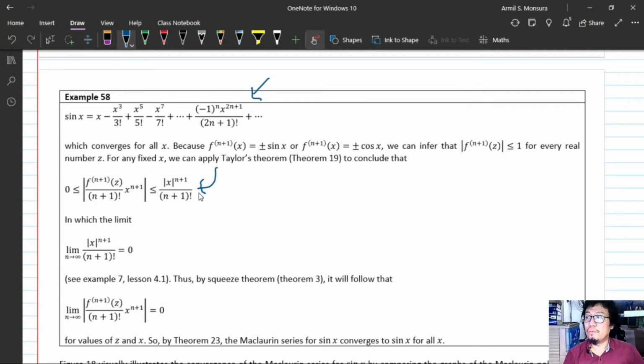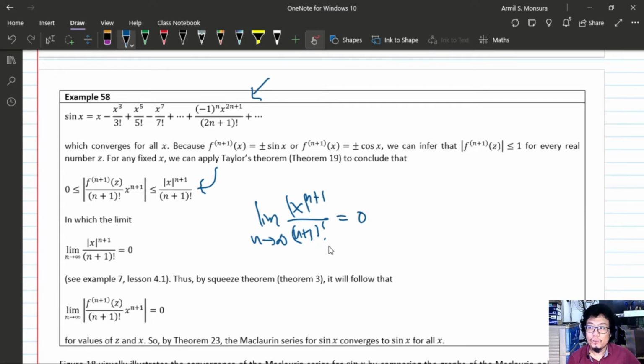If we evaluate the limit of this as n approaches infinity and prove that this becomes 0, which indeed it will because n factorial rises very rapidly.